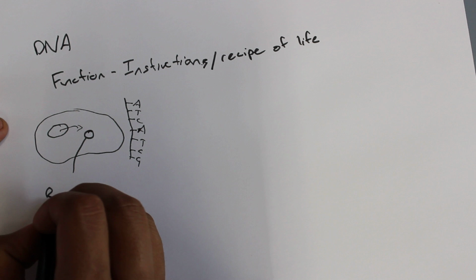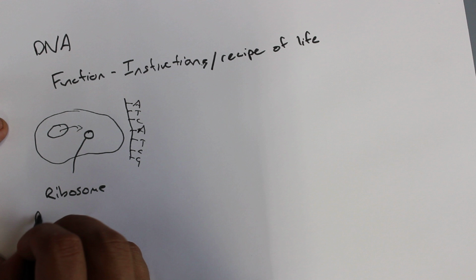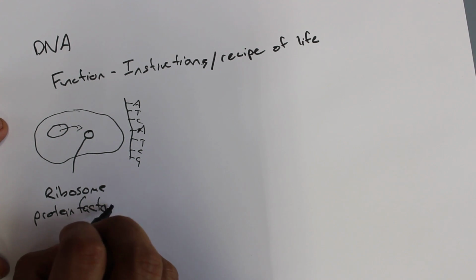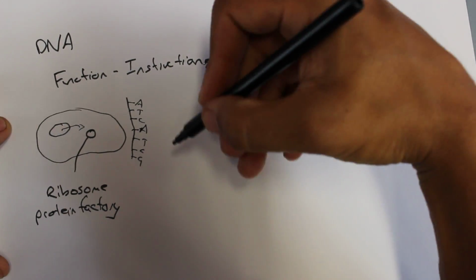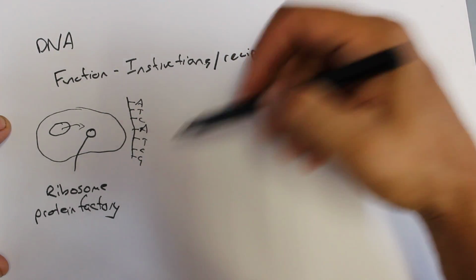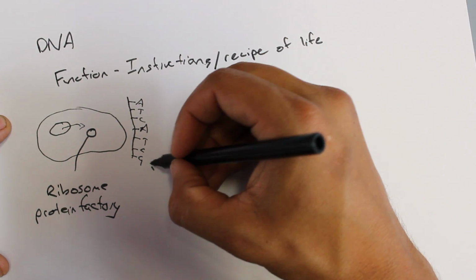Okay? Now a ribosome is basically a protein factory, which means this ribosome creates proteins, and proteins are the building blocks of our cells. So, in order to know which cells to make or which proteins to make, that's where the instructions come from. It comes from this order of your DNA. So, here's this DNA, which is a set of instructions.